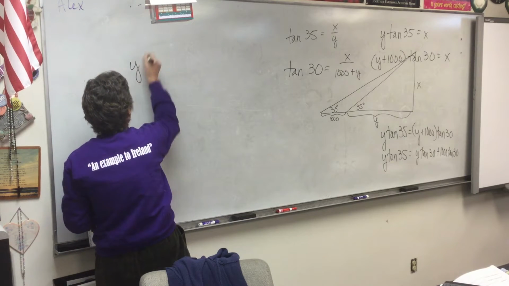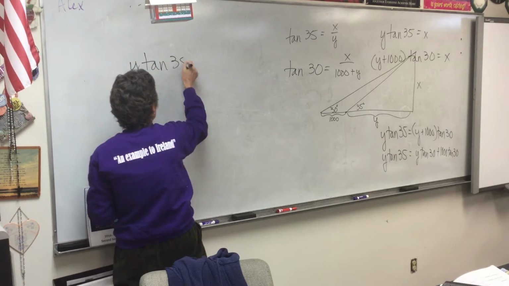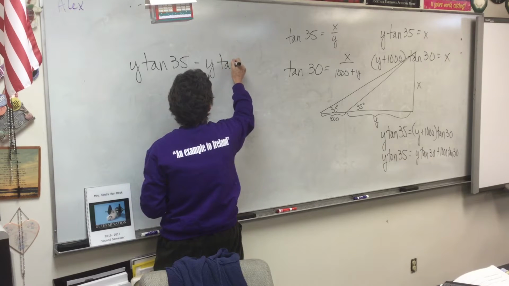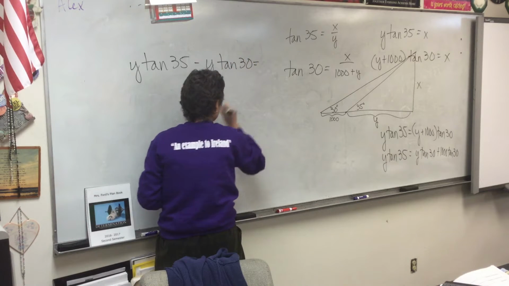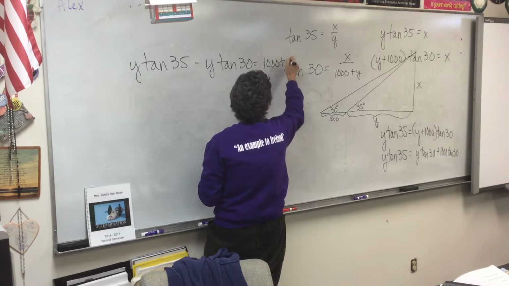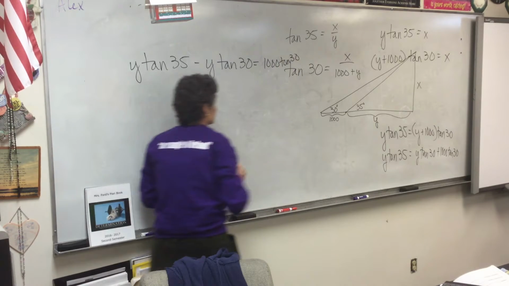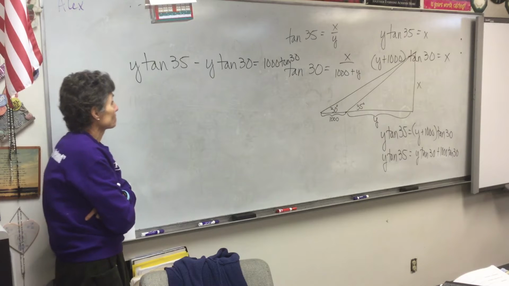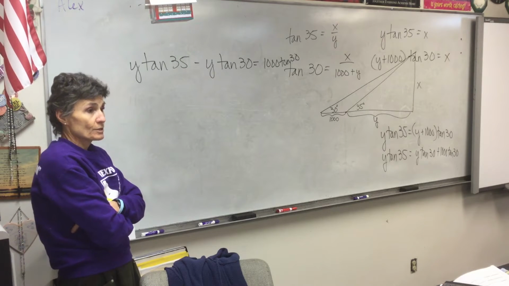I'm going to move all the y's over on the same side of the equation. If I'm going to solve for y, I can only have one. So I'm going to get them on the same side. You still with me?